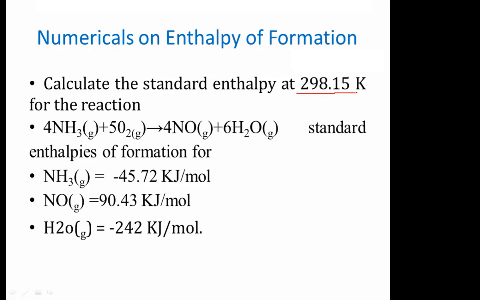And conditions are standard. Standard condition means what? If NH3 is reacting in the form of gas, it should be a purely ideal gas. It should not contain its solid form or its liquid form.